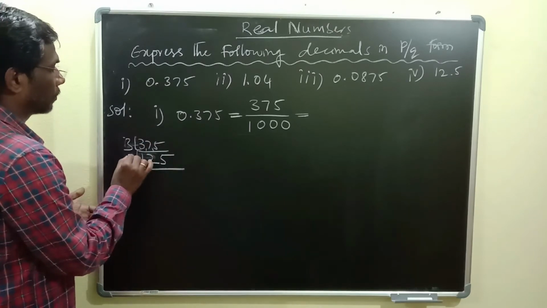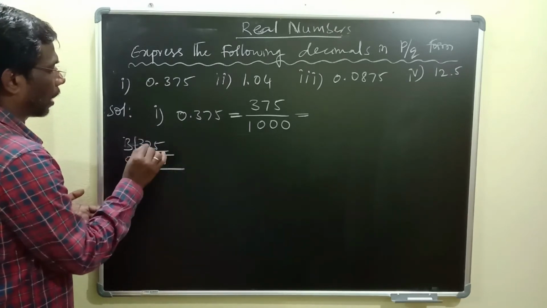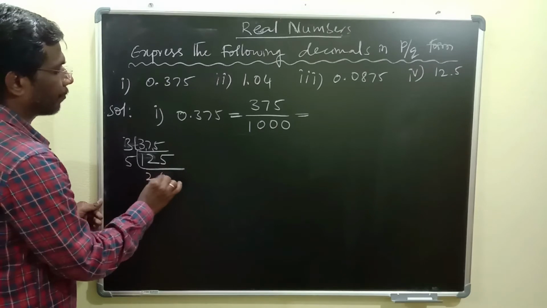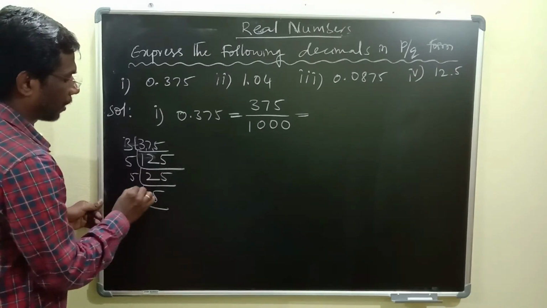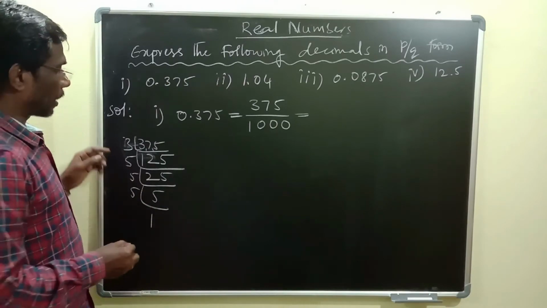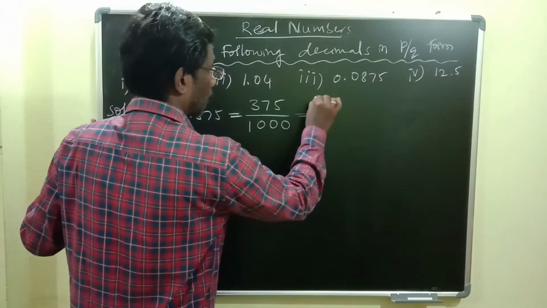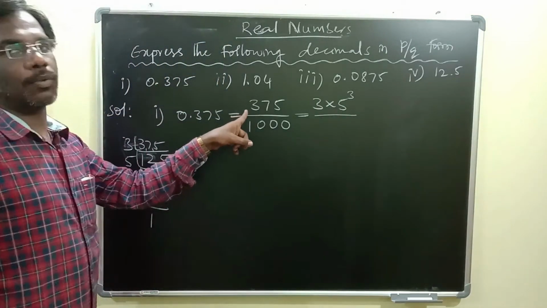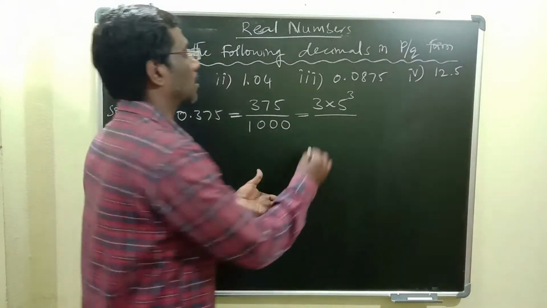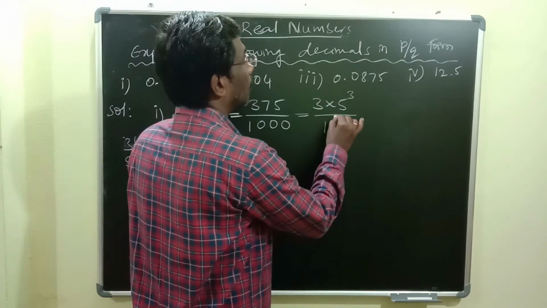Next again 5 2s are 10, 5 5s are 25, again 5 5s are 25, 5 1s are 5. So what can we write it? 3 into 5 cube. 3 into 5 cube is what? 375. And this 1000 can write 10 cube.